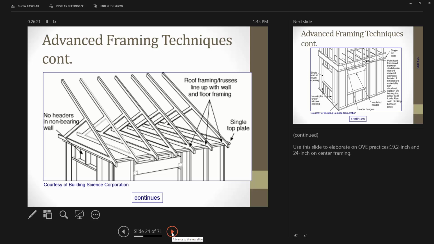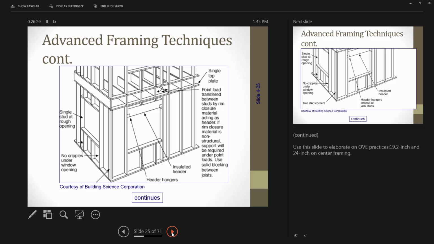So if you don't actually do your framing and lay it out properly, you end up having to add studs underneath trusses and floor joists. Another picture of how you see the wall studs down here line up directly underneath the floor joists, which line up directly underneath the wall studs above, which line up underneath the trusses. So you've got a complete stack of support all the way down with just one line of studs.